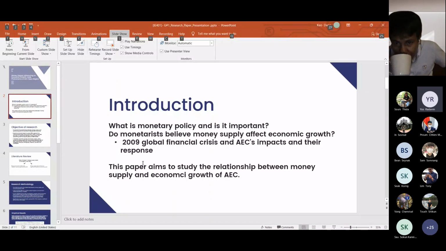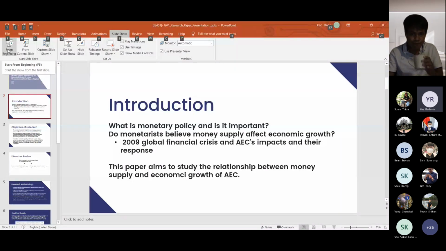But do monetarists believe money supply affects economic growth or not? They don't. They don't believe that an increase in money supply will affect GDP, but they believe that too much money supply will mainly affect inflation, I mean the prices in an economy.